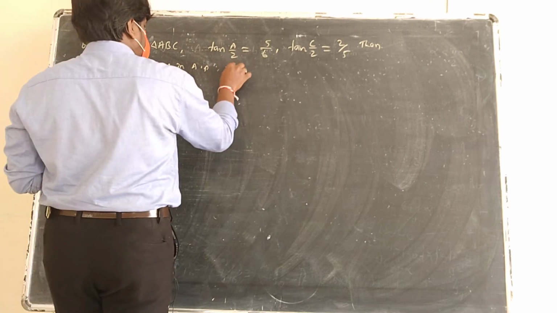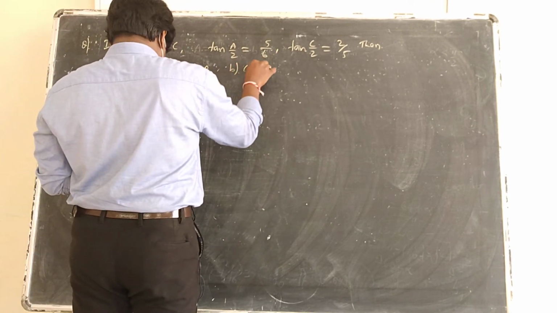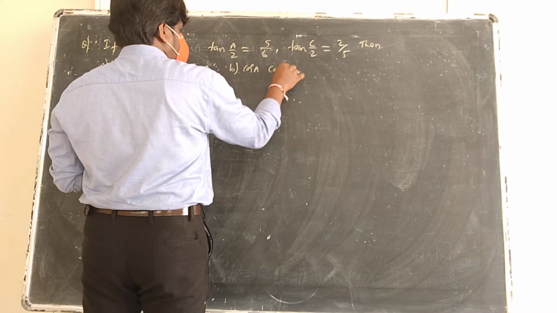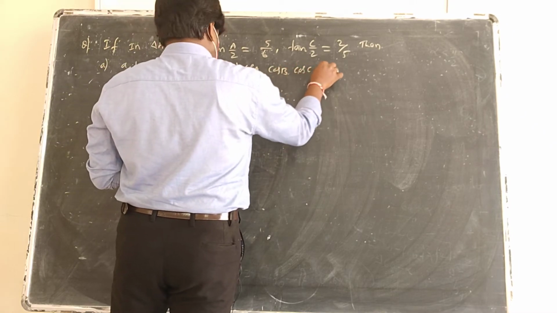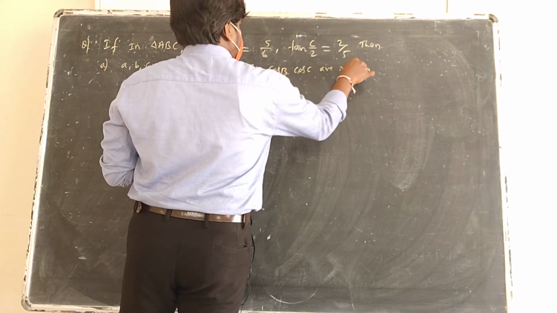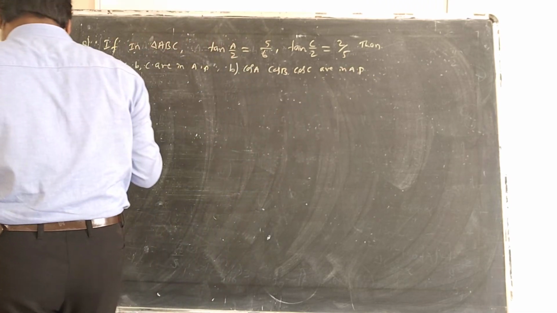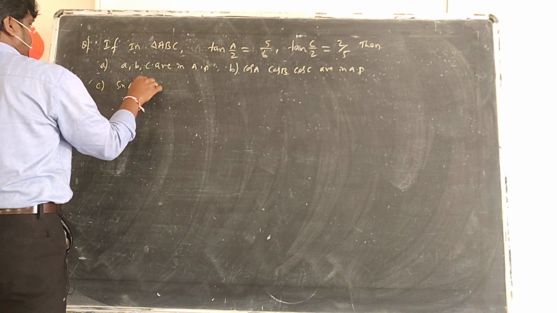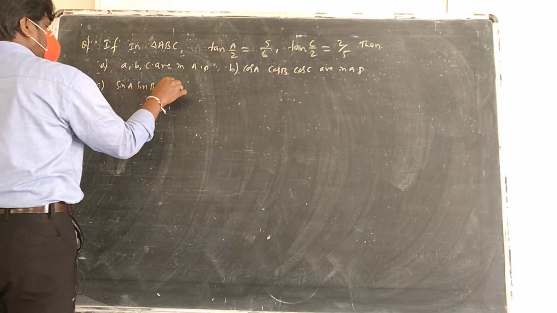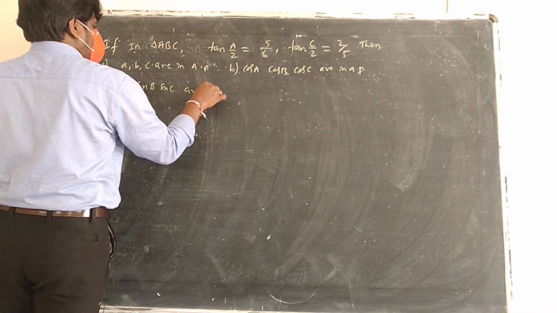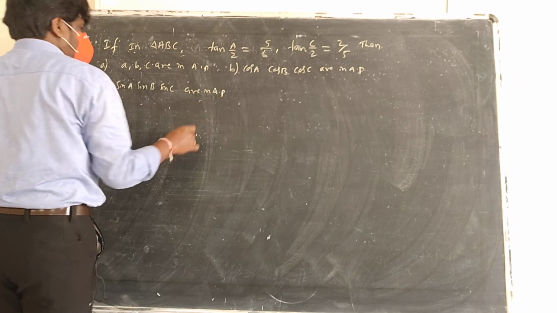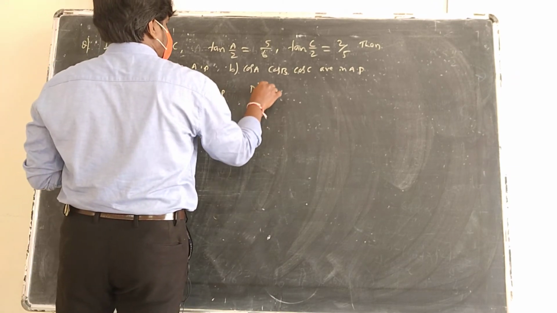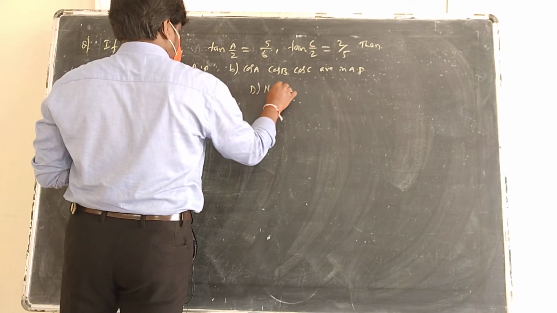Option B: cos A, cos B, cos C are in AP. Next, option C: sin A, sin B, sin C are in AP. And D, none of these.